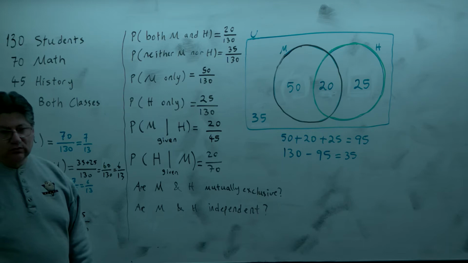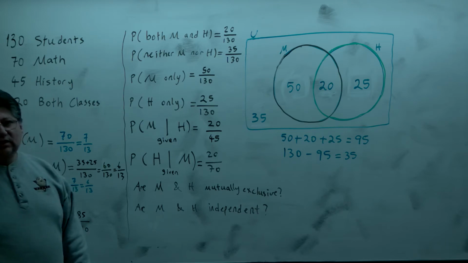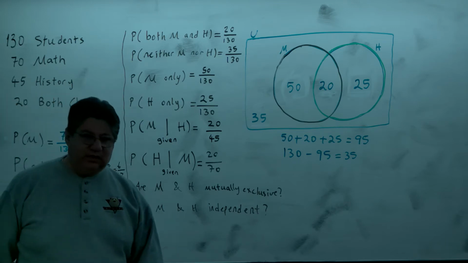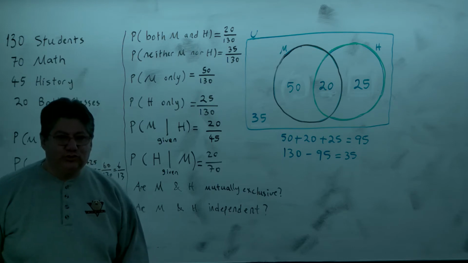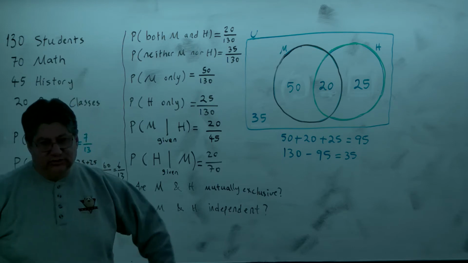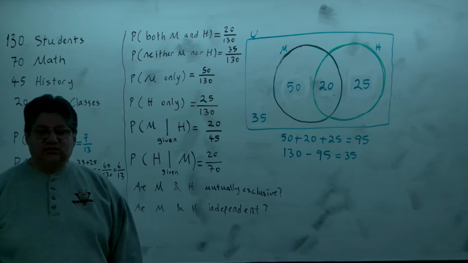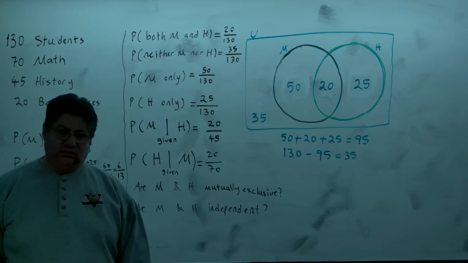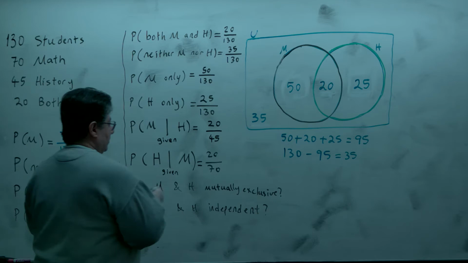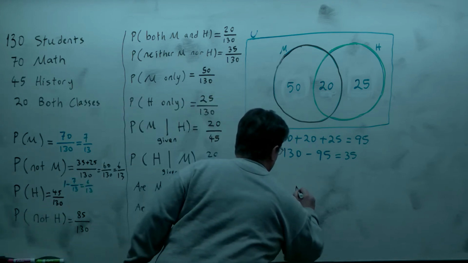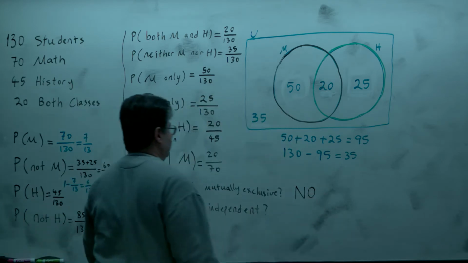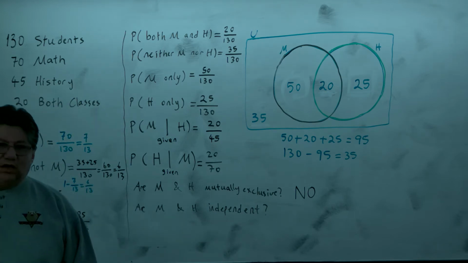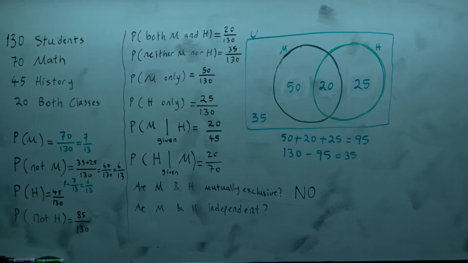The answer is no. They are not mutually exclusive. What does that mean? They do not mutually exclude each other. They are not disjoint sets. Because there are people who are taking math and history at the same time, which means these two events can happen at the same time.